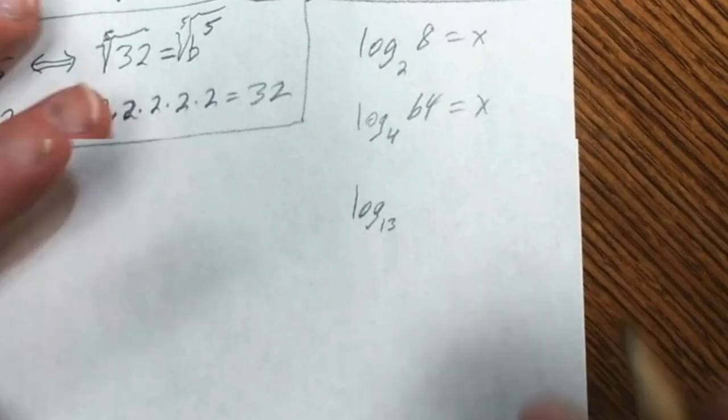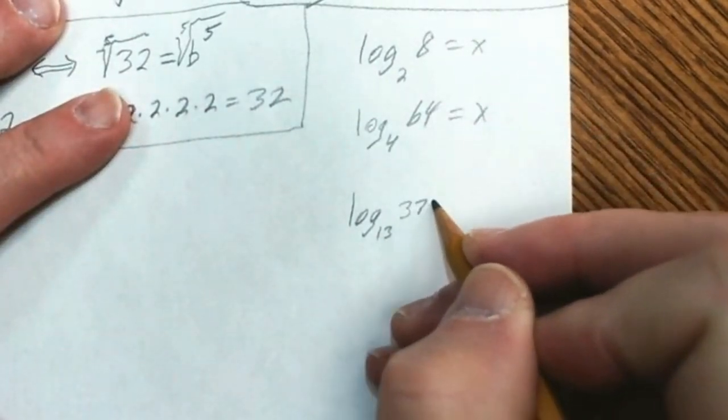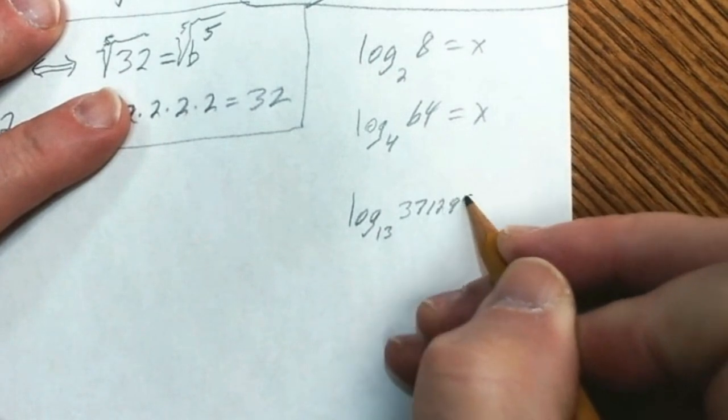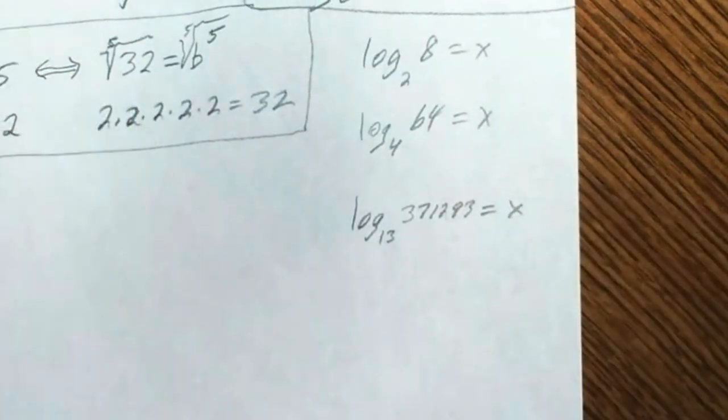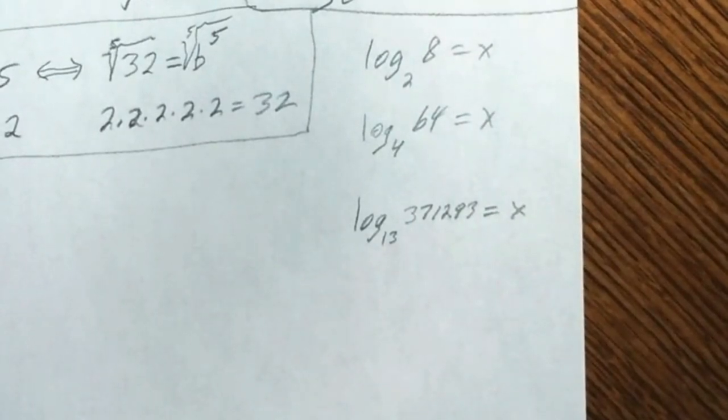So log 13 of 371,293 equals what? And we're like, oh my gosh, Mr. Brock, this is ludicrous. This is crazy.